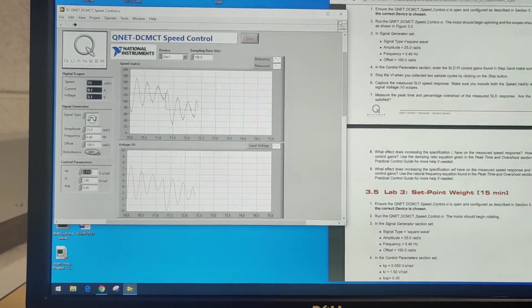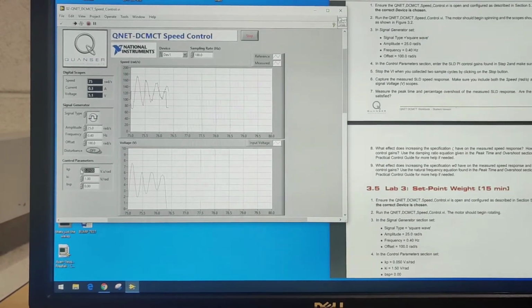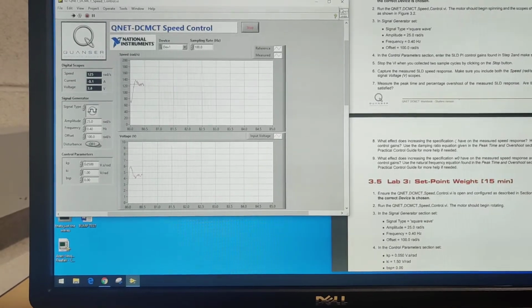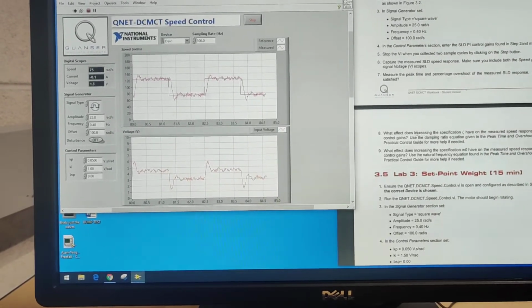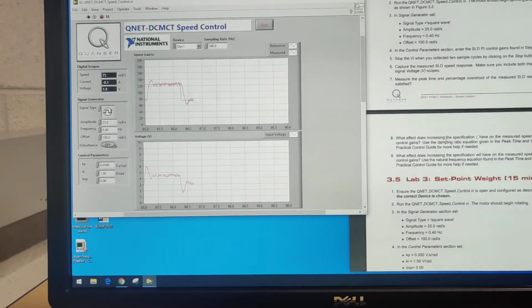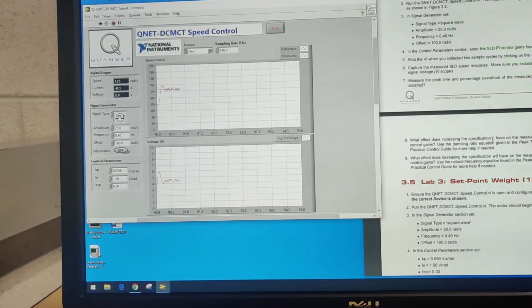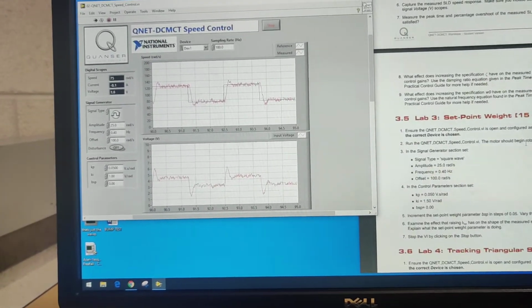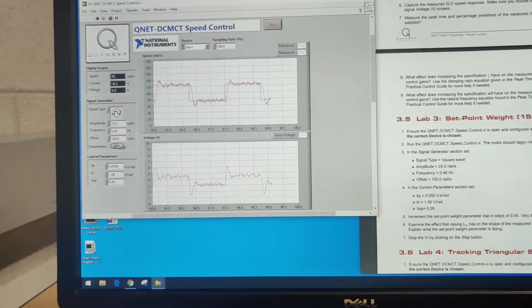Okay, so you need to summarize the difference with changing Kp and Ki, and answer the question of changing zeta and omega 0, and how it will affect the waveform. Okay, and those parameters like overshooting, peak time, and so on.